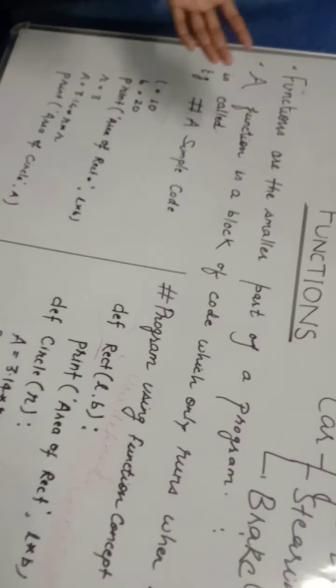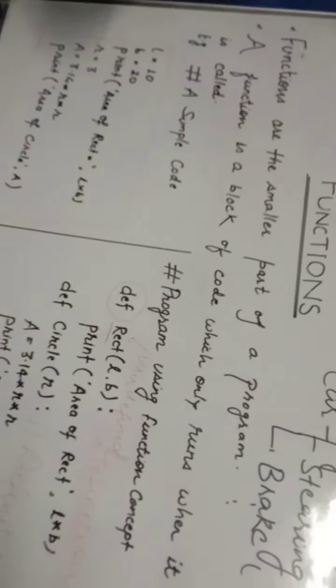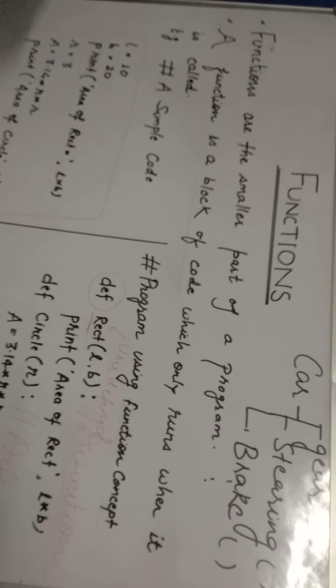But while defining the name of the function, you have to keep in mind the rules of identifiers which you studied in class 11th, because by using those rules only we can define the name of the function. Got it? Then in parenthesis, two things we have passed here, L and B.